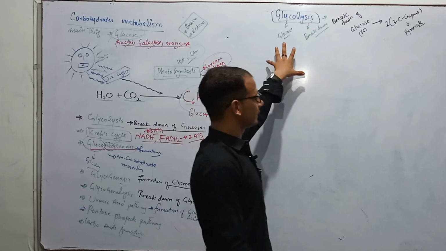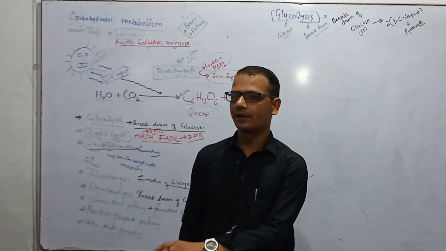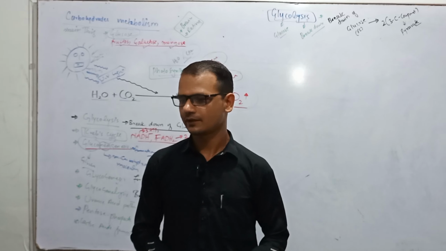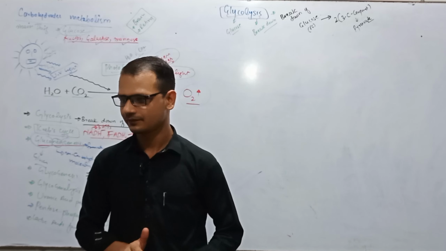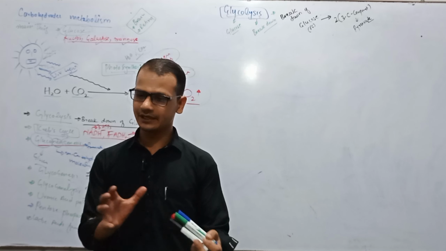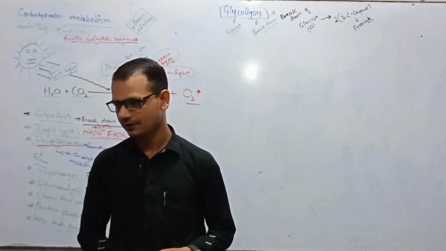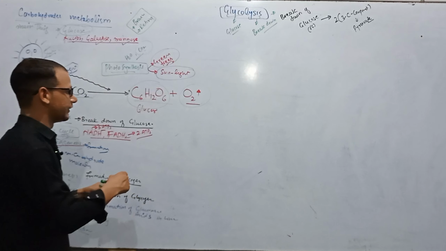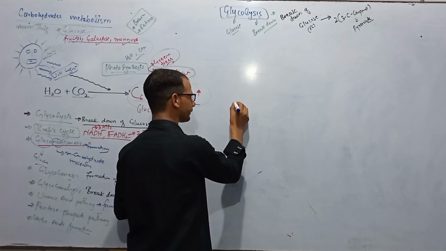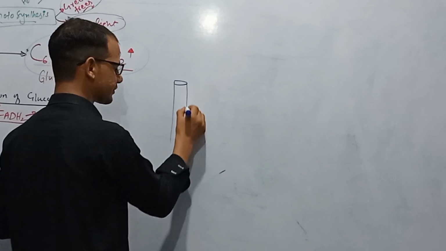But when a cell decides to undergo glycolysis, glucose must be inside the cell. And how does this glucose enter into the cell? This is important. For example, we have the GI tract.